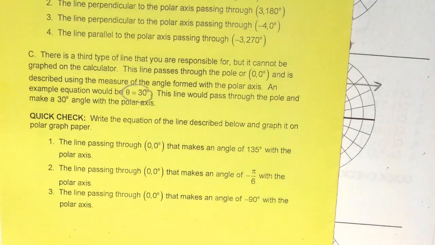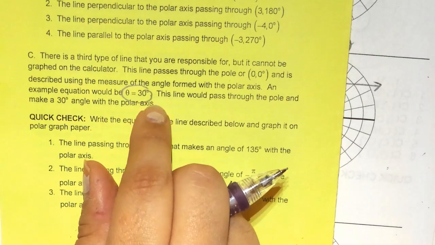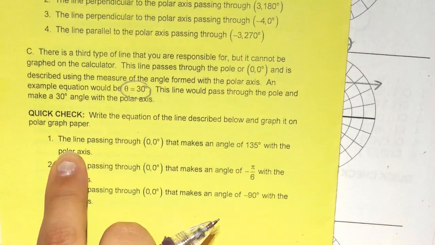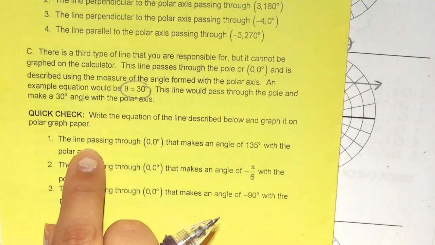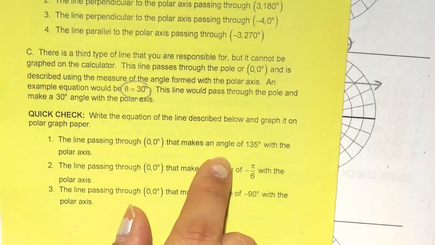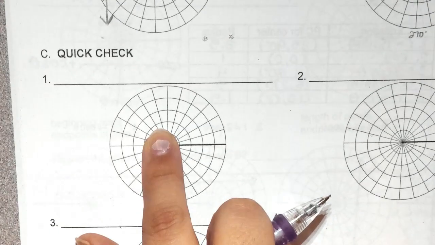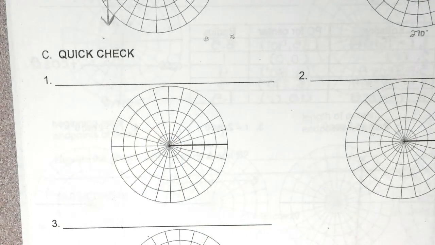So, if I give you an equation that's theta equals an angle, you are just going to draw a line through that angle. So, for instance, quick check number 1. A line passes through 0, 0 and makes an angle of 135 with the polar axis. Where is 135 degrees?